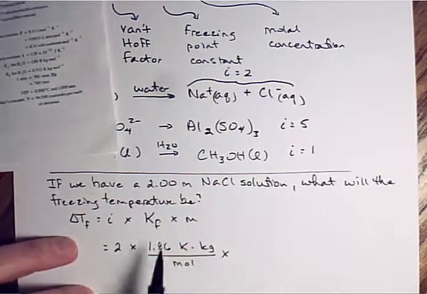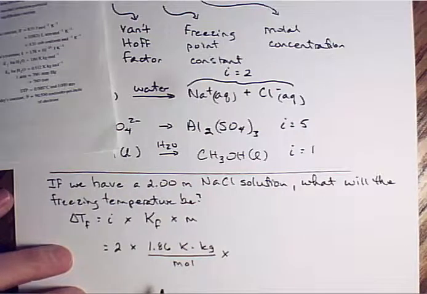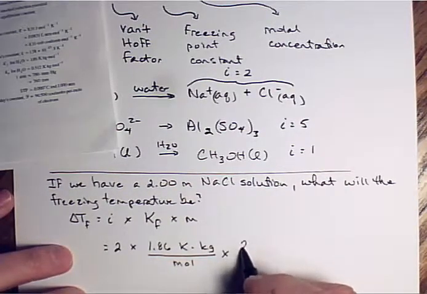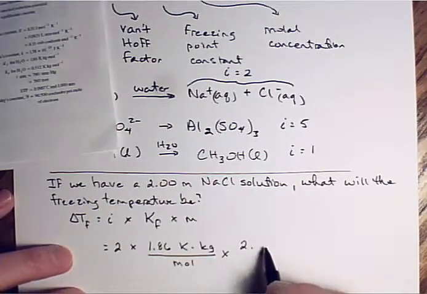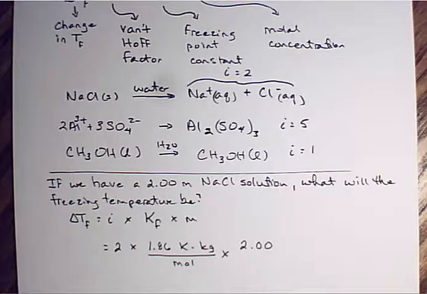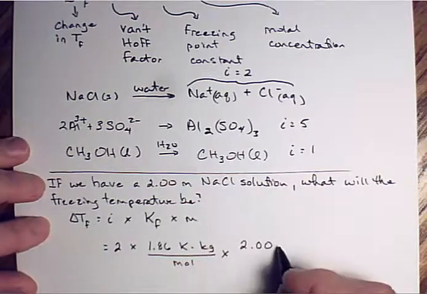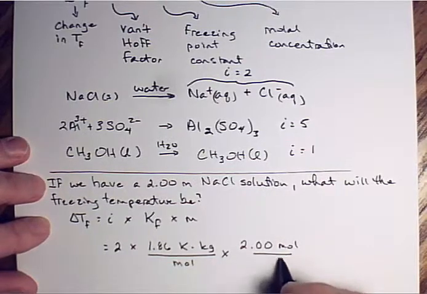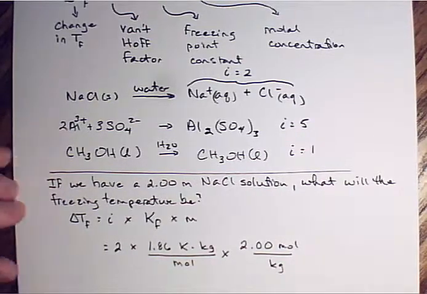And then we've got a 2 molal solution. What units of measurement make up molal? Moles over kilograms. So the light should be coming on here. What do we do next?